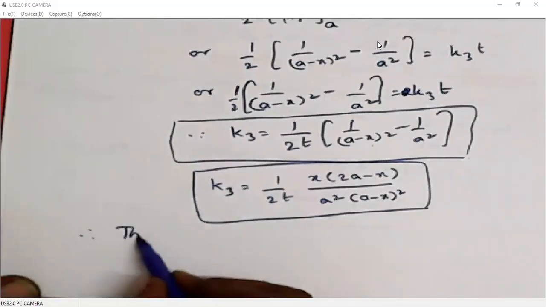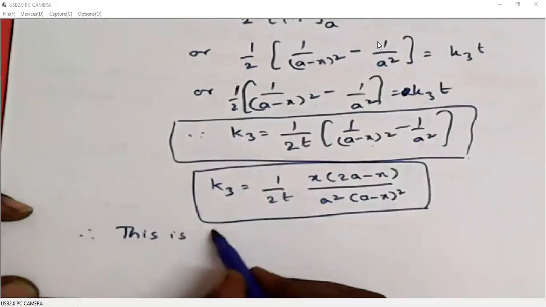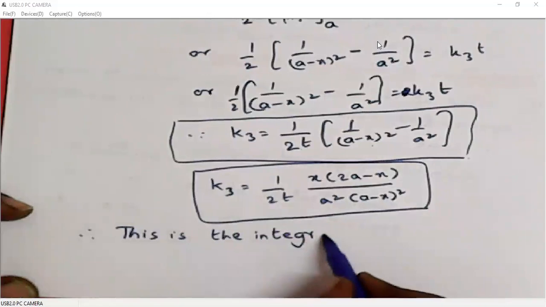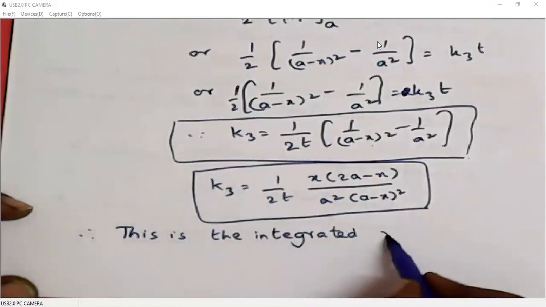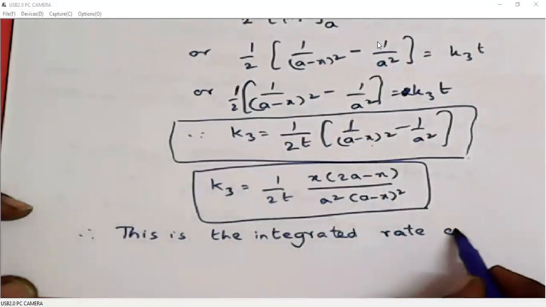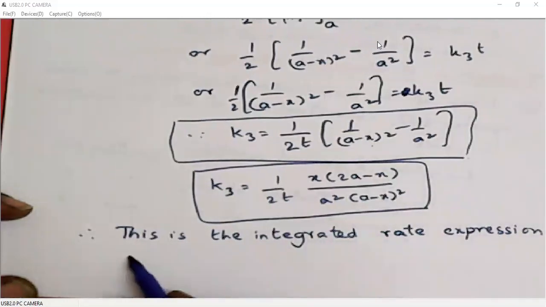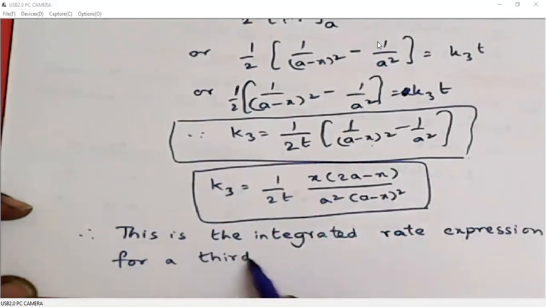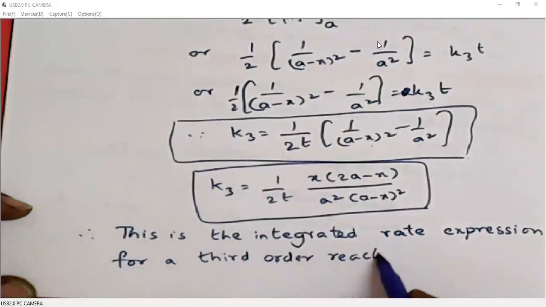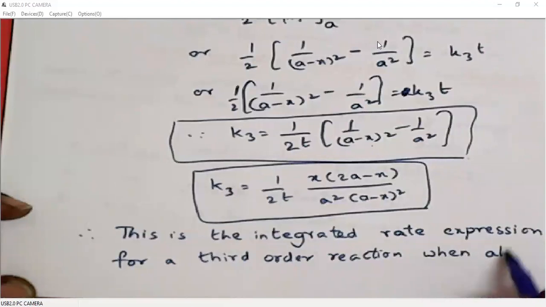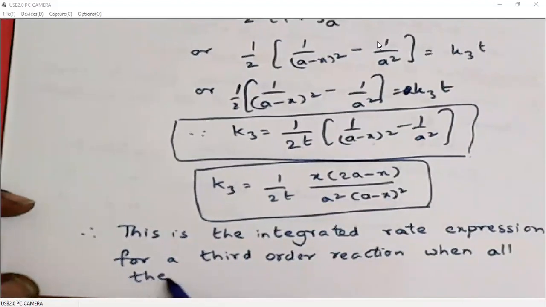Therefore, this is the integrated rate expression for a third order reaction when all the concentration terms are same.